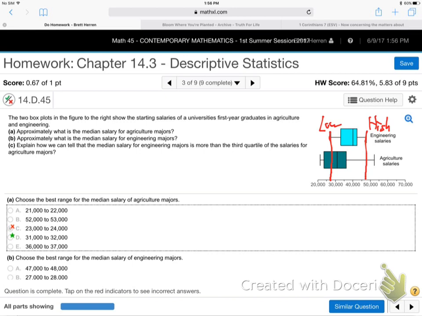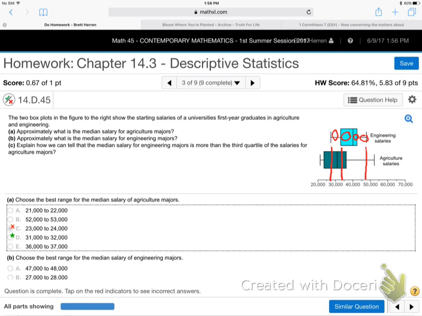What does this line mean here, which hits a little bit below 35? That's the end of the first quarter. Remember, it breaks all the engineers, and the same for the ag people, into 4 groups: lowest group, next group, third group, fourth group. The same number of engineers in each section. It breaks them into even amounts of data values.